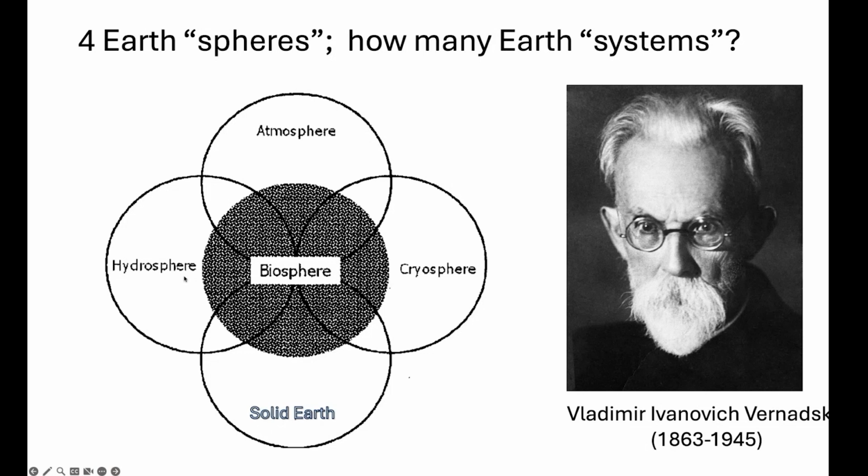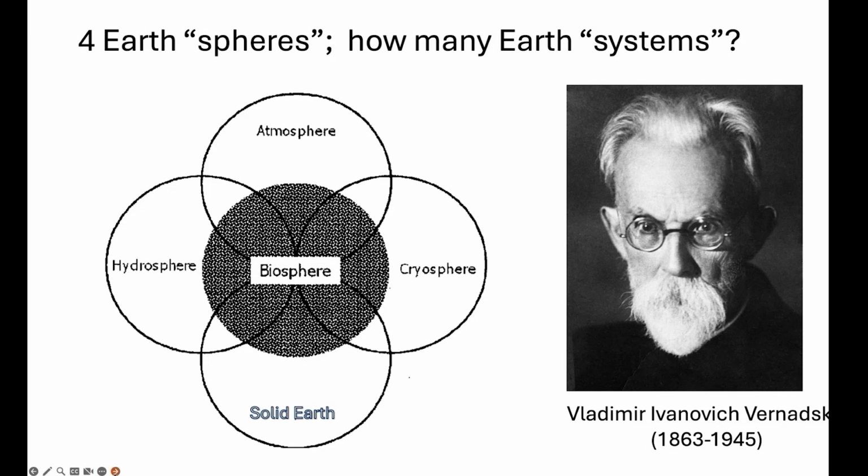There's the hydrosphere, the oceans, lakes, and rivers. There's the cryosphere, that's ice, like the pole regions. There's the atmosphere. And then using all of these spheres is the biosphere. And we'll talk about one more sphere later in this presentation.